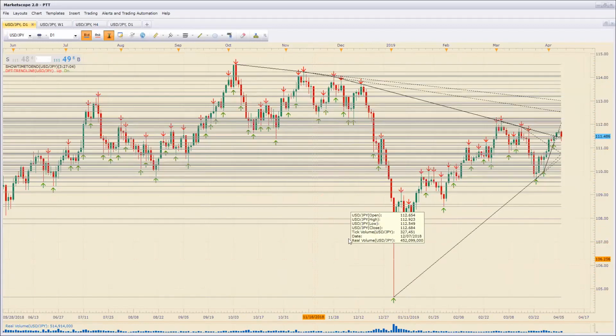So you can see based on the primary, secondary, tertiary, price broke out of tertiary downtrend, correct? But at the same time, it is downtrend or uptrend? Down. All right, downtrend.